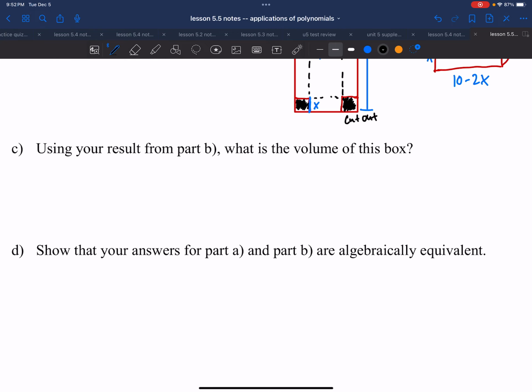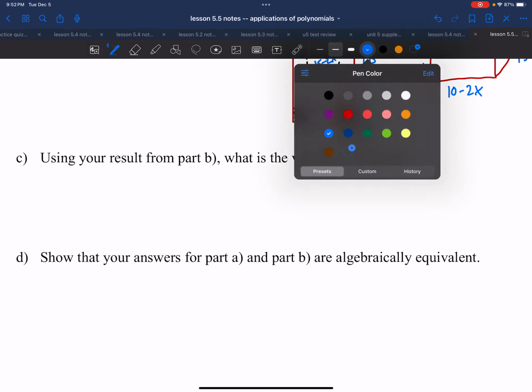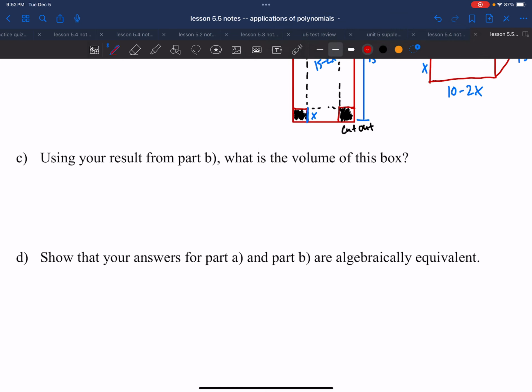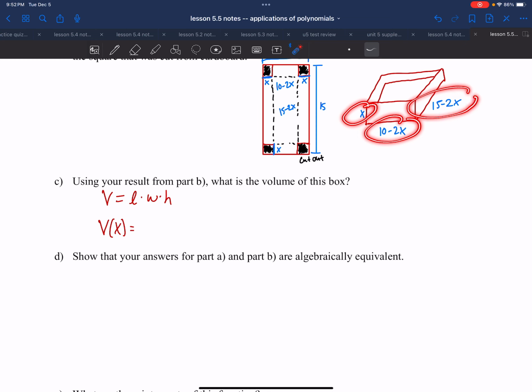Okay. Now, part C. It says, using your result from part B, what is the volume of the box, right? So, volume is length times width times height. So V of x, based off the picture of the box, is the product of those three lengths. Length times width times height.